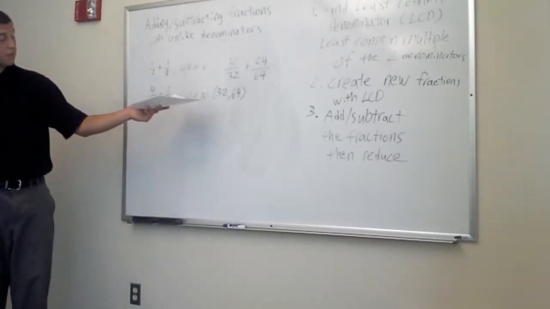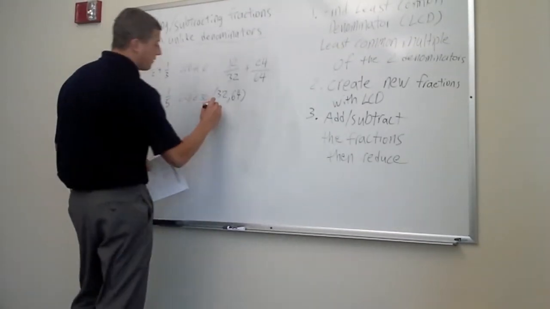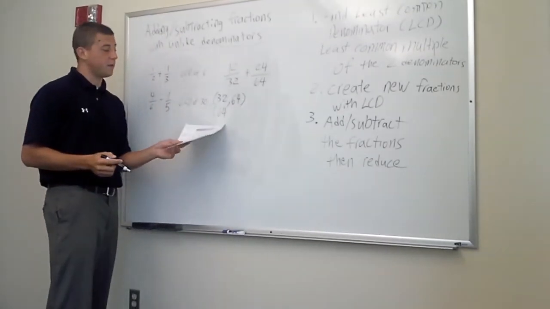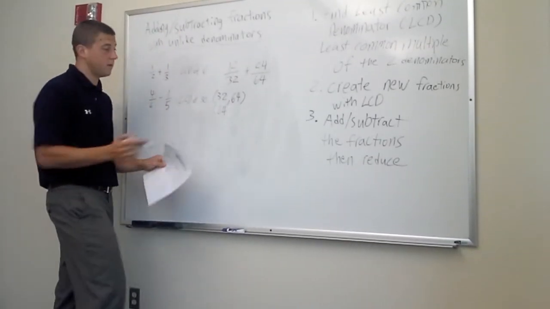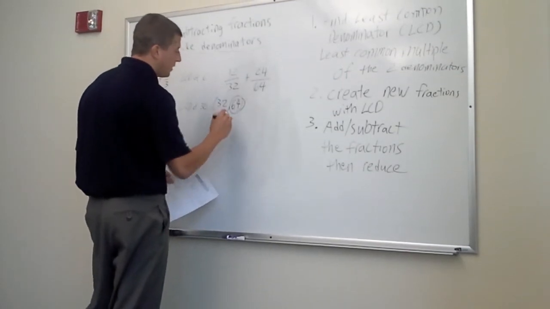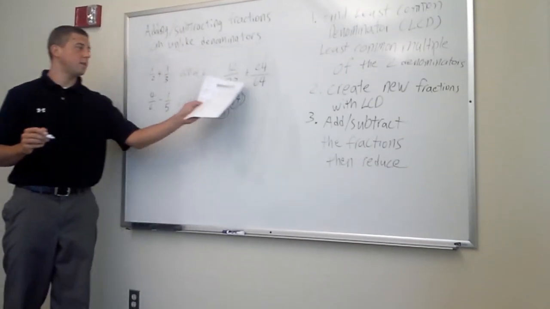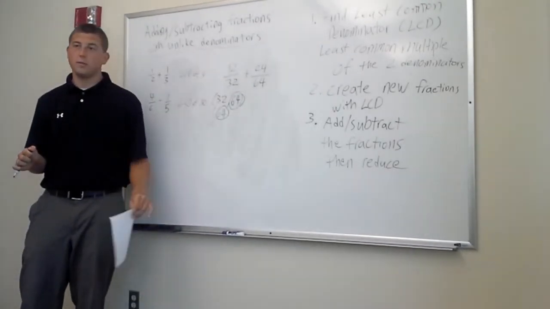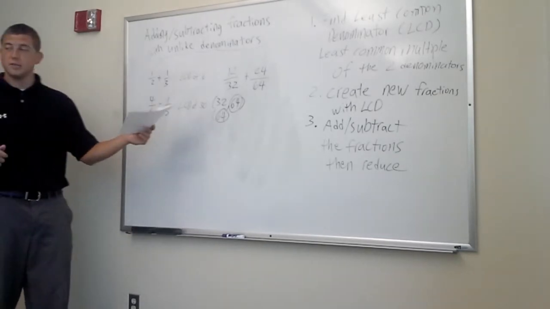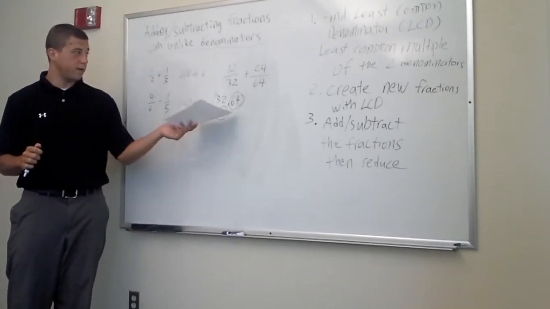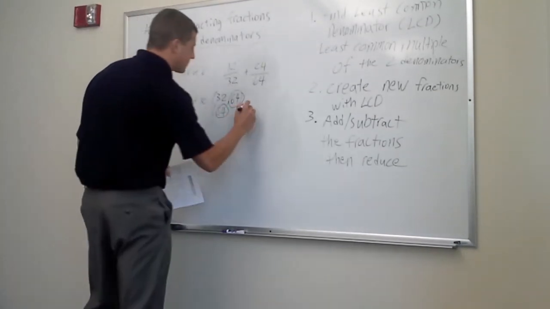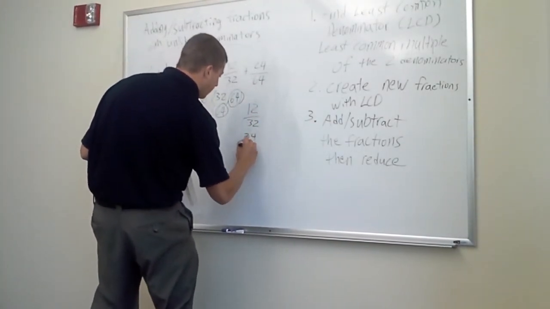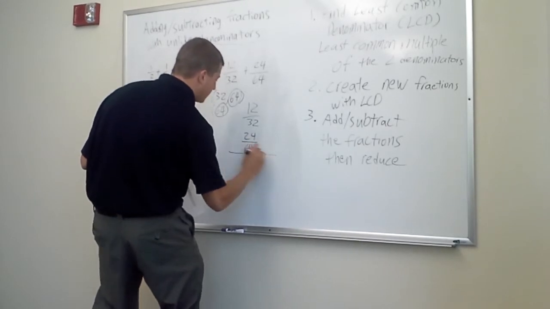Now, the same thing we're going to do for 64, but we don't even have to find any more multiples because 64 is already our least common multiple. So we're already done with this one without ever having to multiply these. So don't try to do the shortcuts. We're just going to always find the least common multiple. It makes it easier on us, and then it's less reducing we have to do later. So now we found our least common multiple. Let's just finish this problem out.